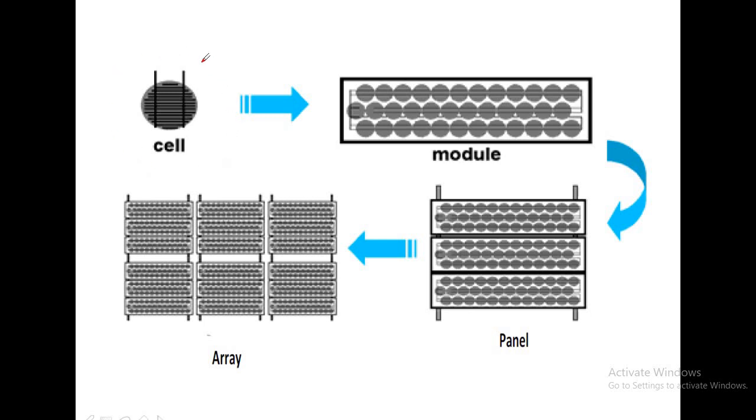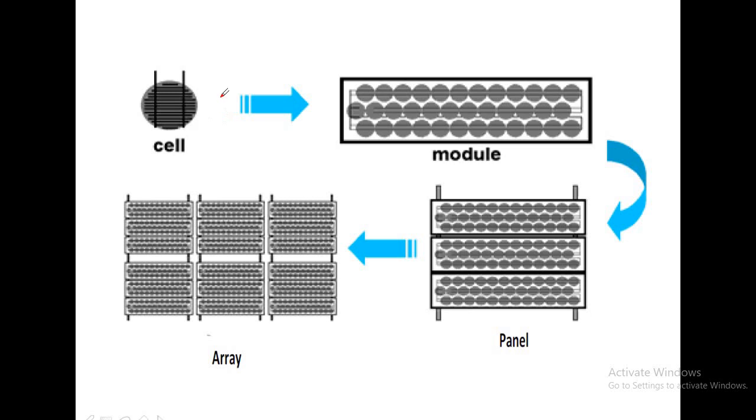One cell produces a very small voltage, about 0.5 volt. Therefore, the voltage that is produced by one cell as such cannot be utilized for any application.